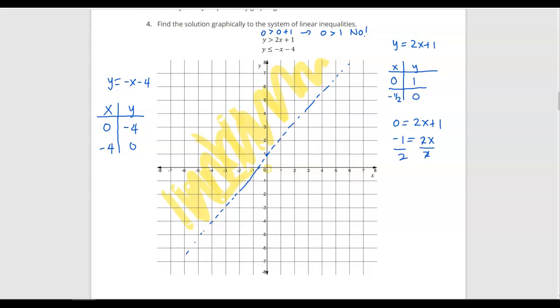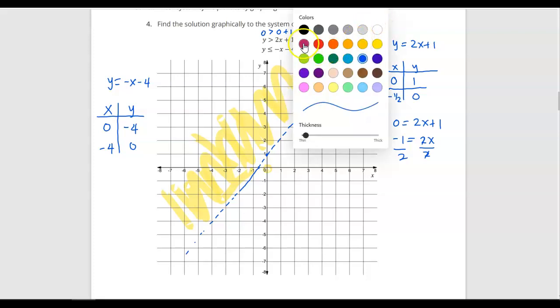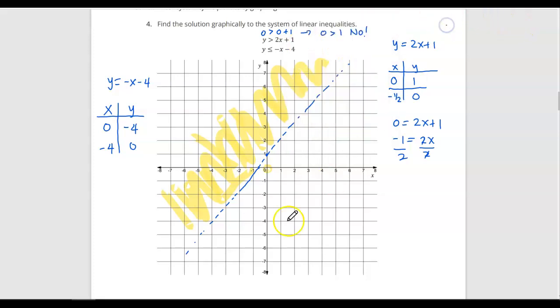Then we'll use a different colored pen here. Now we can plot those 2 points. So we have 0, negative 4. So if x is 0, y is negative 4. It is this point here. And the other one is x is negative 4, y is 0. It is this point here.